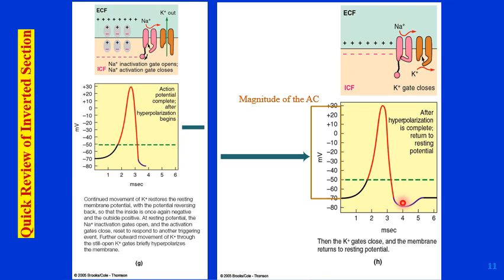So here, if you send enough of an impulse, you could reach threshold, and in that case, your magnitude would be like from -80 up to 30. So then your magnitude would be higher, like 110. Okay, so if you are at the relative refractory period, you could send a strong signal and cause an action potential to happen.